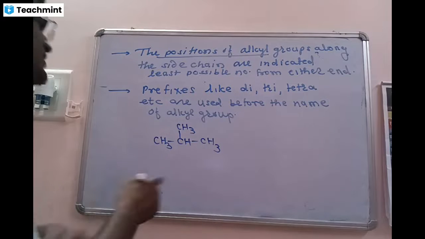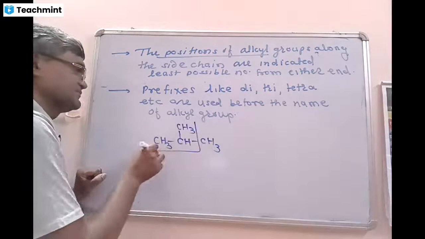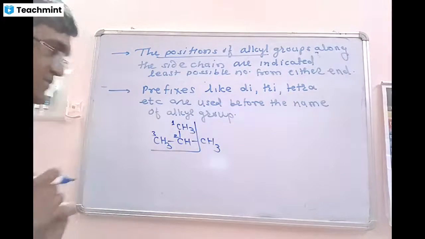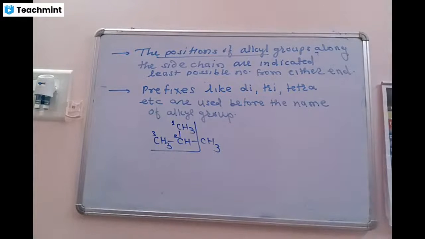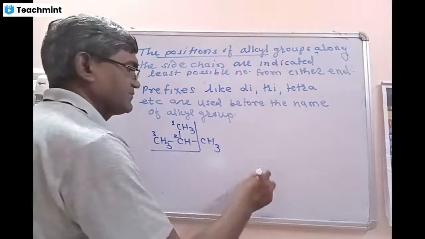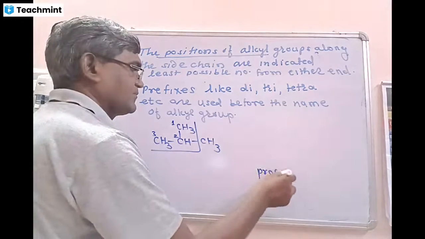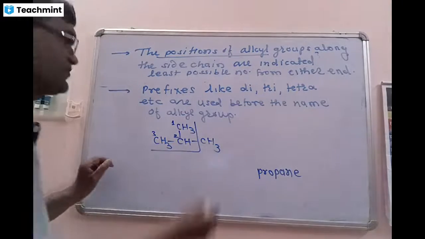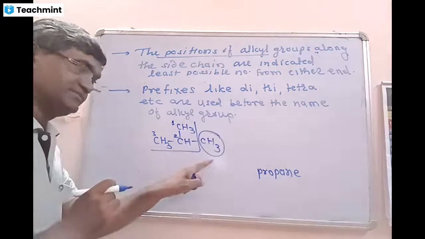Suppose I am selecting this chain. 1, 2, and 3. So longest chain contains how many carbon atoms? 3. So what should be the name of parent alkane? Propane. Okay.